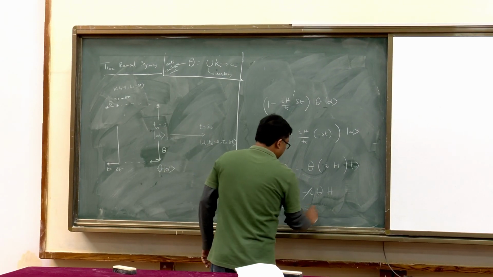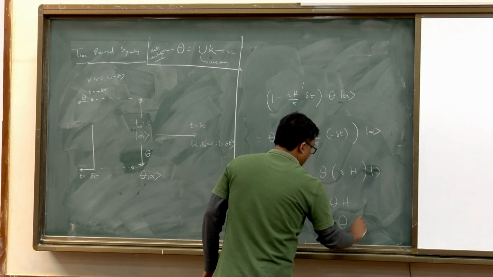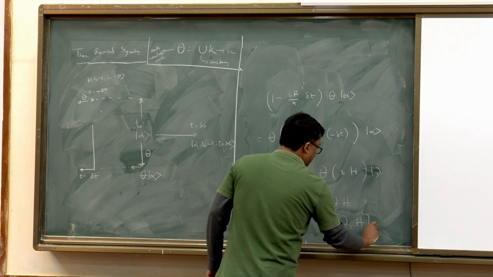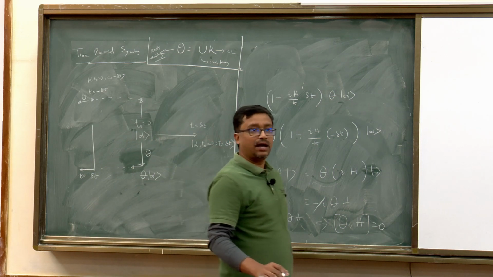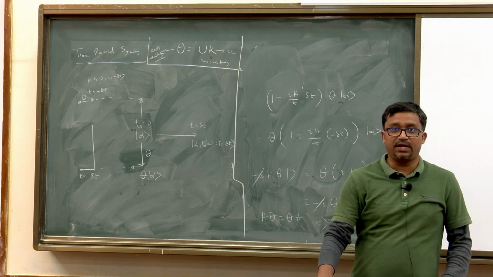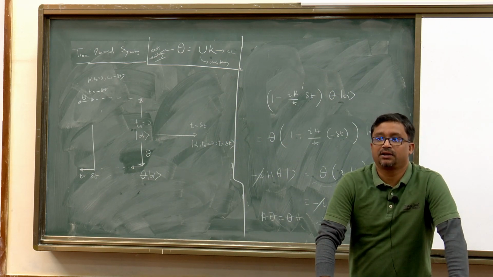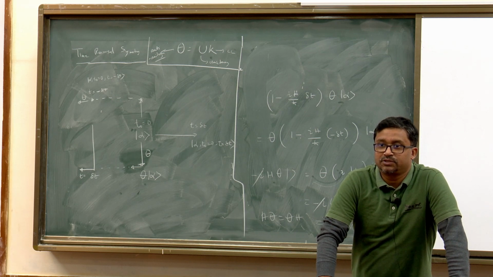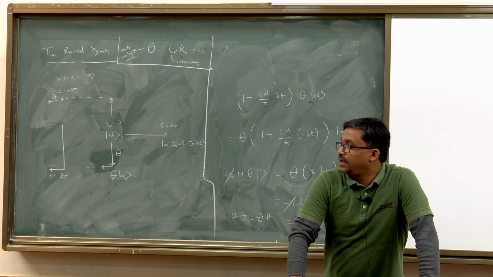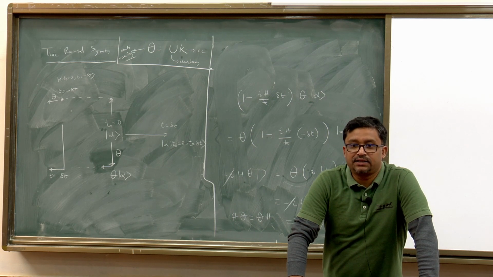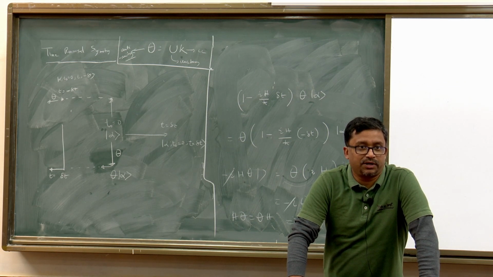Which implies that theta and H commute with each other. That is what it should be if the Hamiltonian is invariant under the time reversal operator. Any invariance means that the Hamiltonian will commute with that operator.